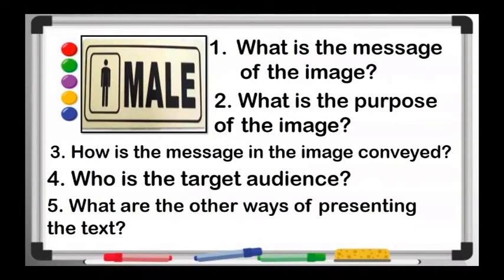But in order for this image to be used, before it was used or distributed, there were analyses and evaluative processes created to make sure that these images are really able to convey the message of whoever created that image.